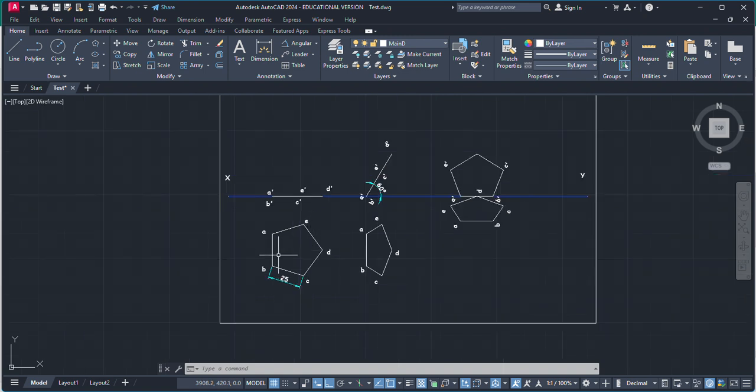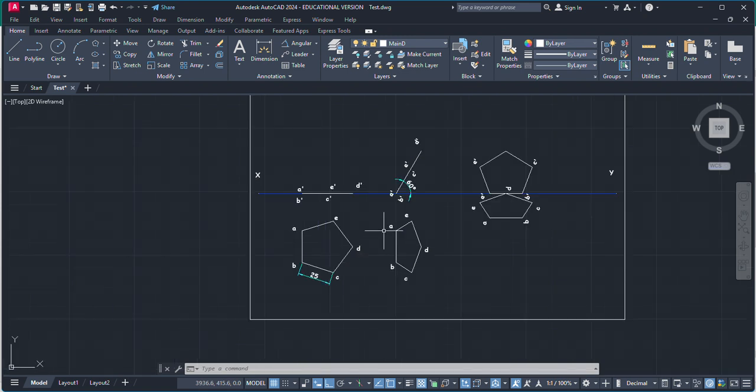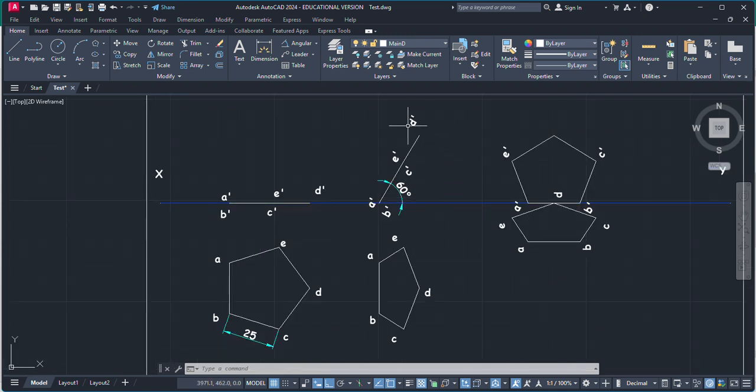And while keeping this edge on the HP, the surface makes an angle of 60 degrees with the HP. So in the front view we will have a straight line at 60 degrees, and from this front view we will trace out our top view, which is going to be a little less in thickness as compared to the previous one.